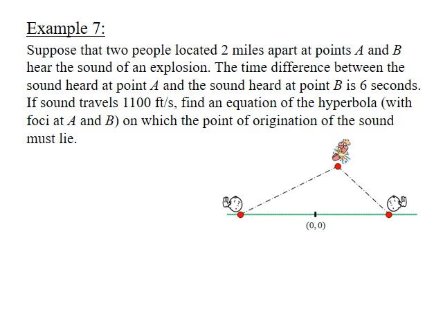I'm going to call this distance 1, and this distance 2. By definition of a hyperbola, d1 minus d2 is going to be 2a, so it's some constant. Another thing I want to mention is that this here is 2 miles.